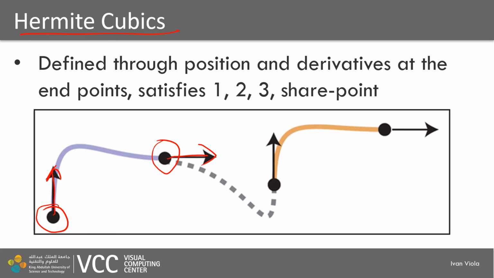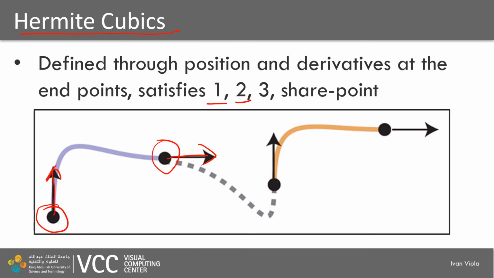So which properties do these Hermite cubics satisfy? Well, all the basis functions are cubics. Also, there is locality. So if we change one part of our curve, more distant parts of our curve will not be changed.